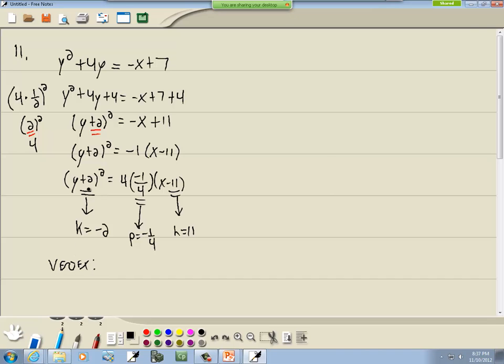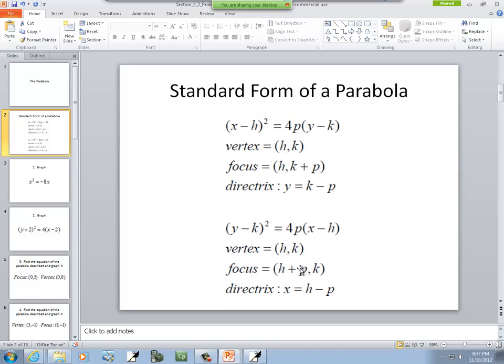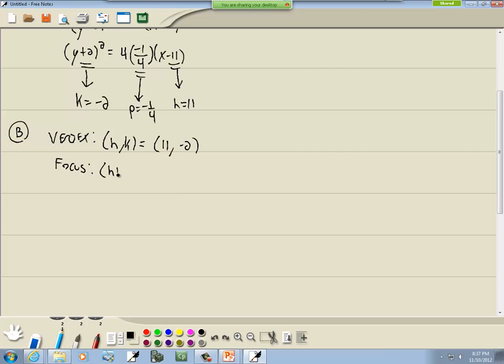Now the squared is on the y. Which one formula is that? Bottom one. Vertex is hk. H is 11. K is -2. Our focus is h plus p, k. H is 11. P is -1/4, comma k, which is -2.